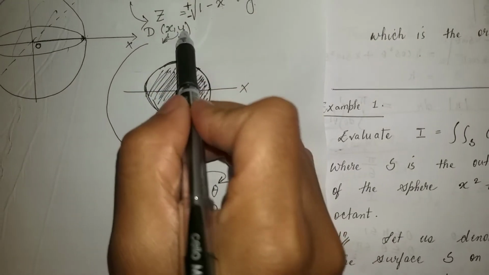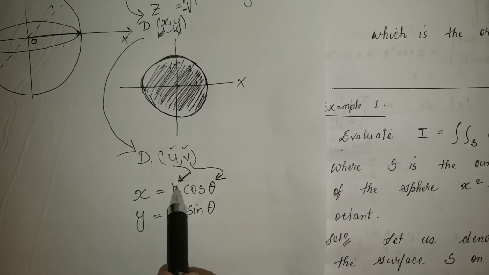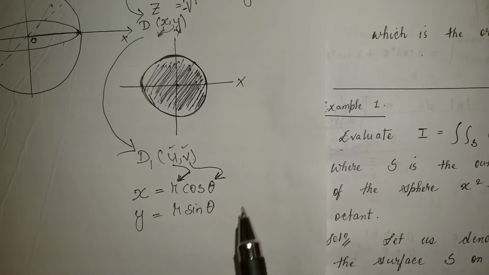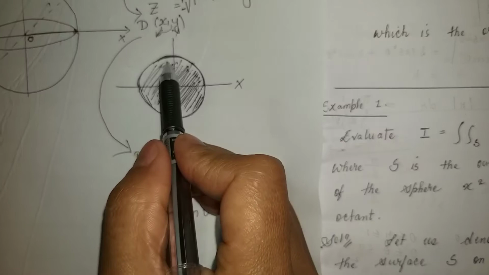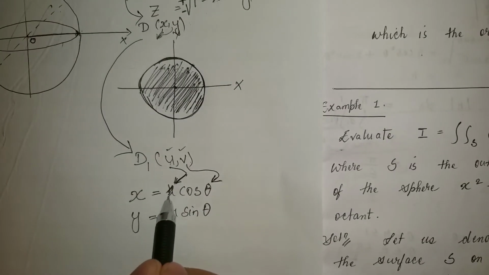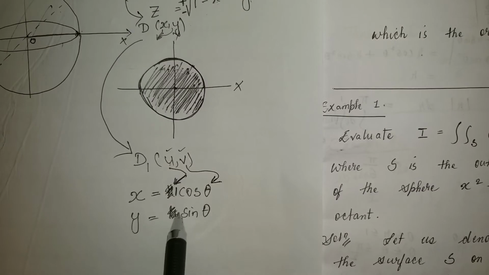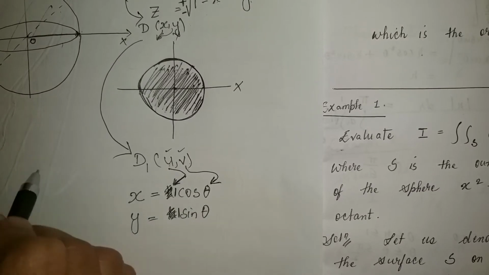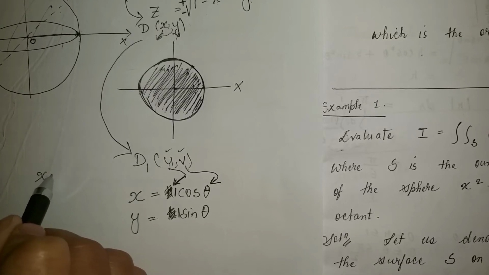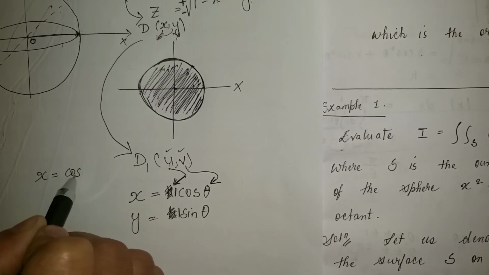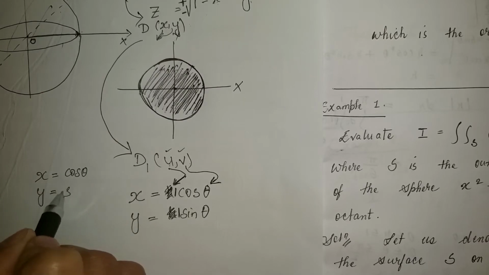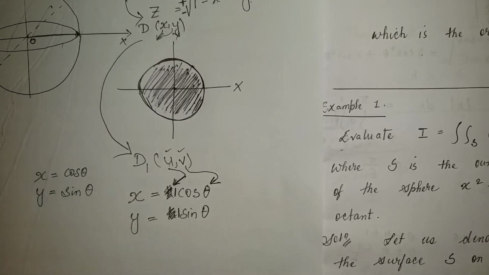So from x and y we're changing to r and theta. But since we're talking about a unit disk, r is equal to 1. x equals cos theta and y equals sin theta.